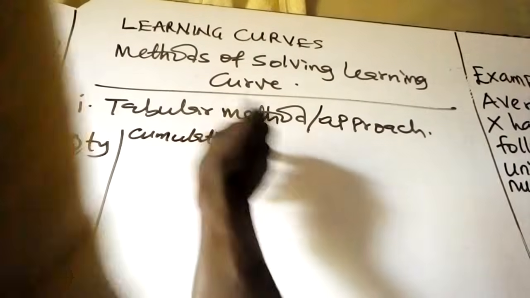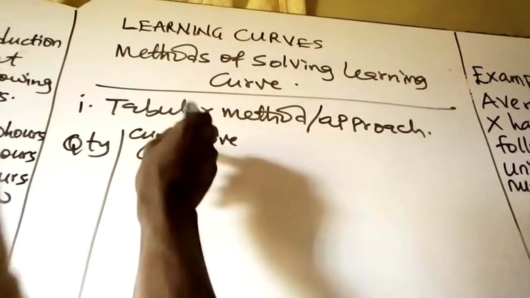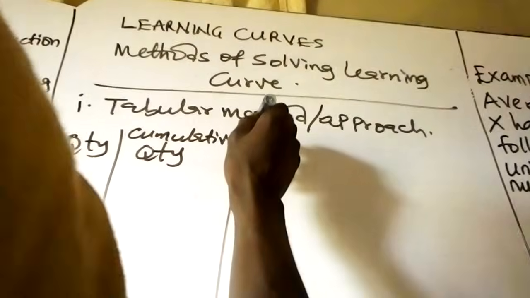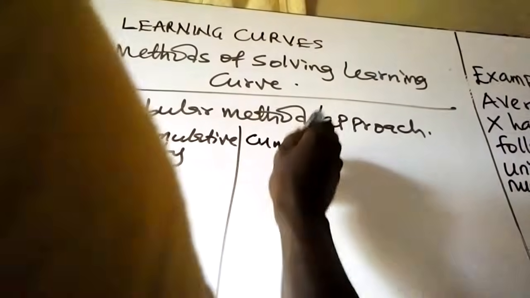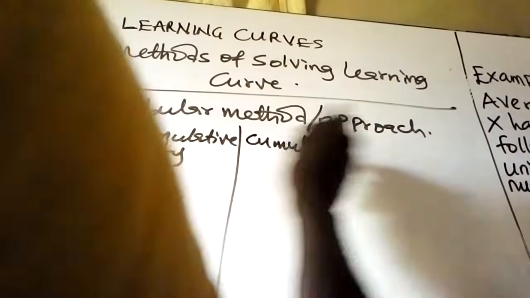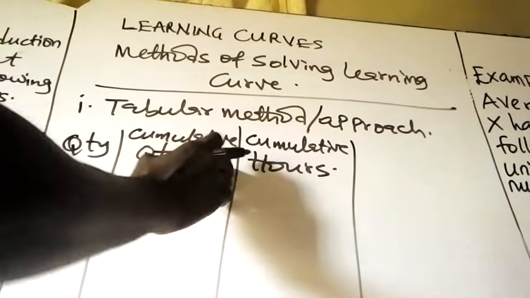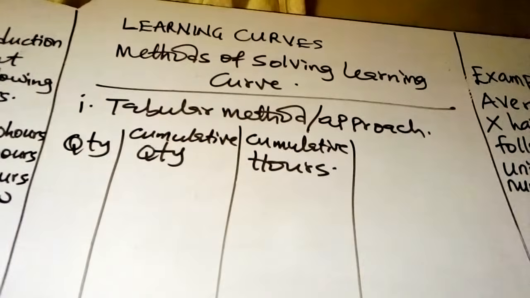The third column will be hours, if possible, or cumulative hours. Or you may have hours first before your cumulative hours. Then you might have the incremental hours. But these are the major columns.